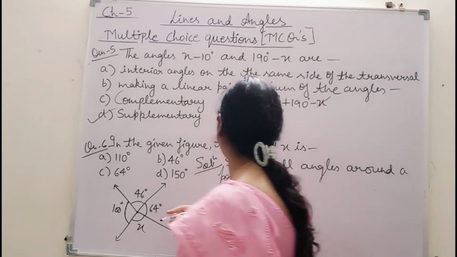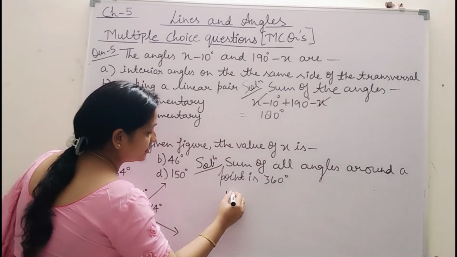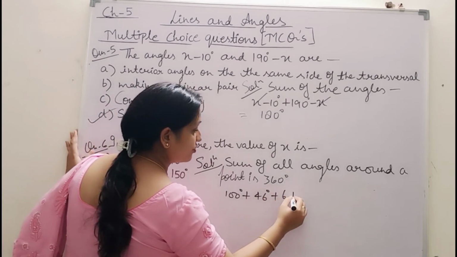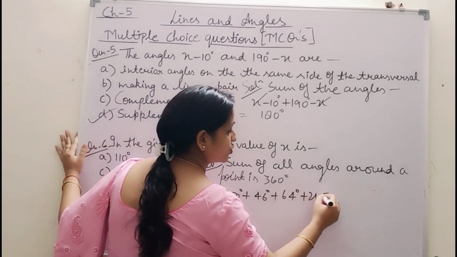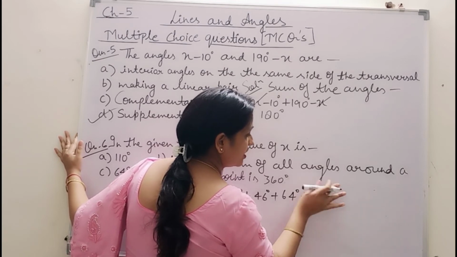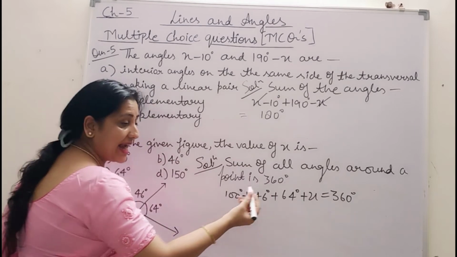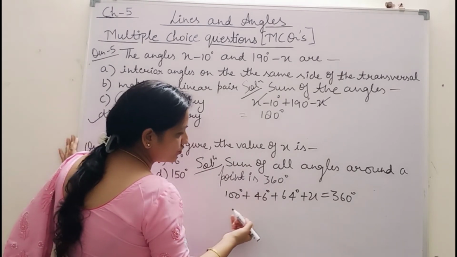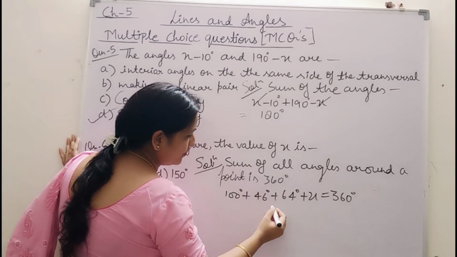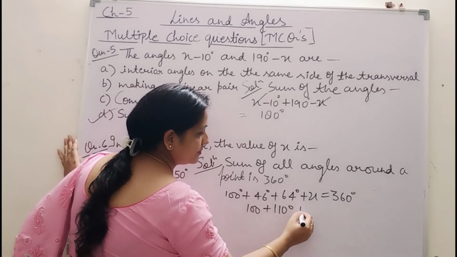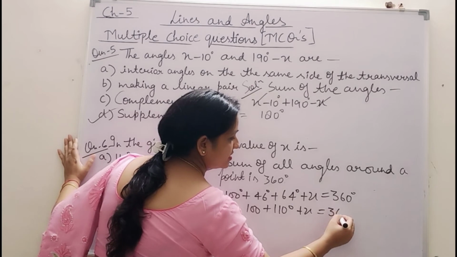It means the sum of all angles, 100 plus 46 degree plus 64 degree plus x, is equal to 360 degree. Okay, now we will add them. 64 plus 46 is equal to 110, plus 100, plus x is equal to 360.